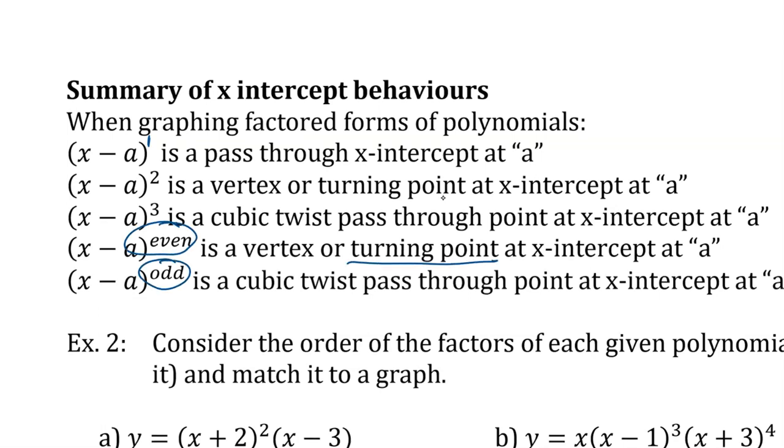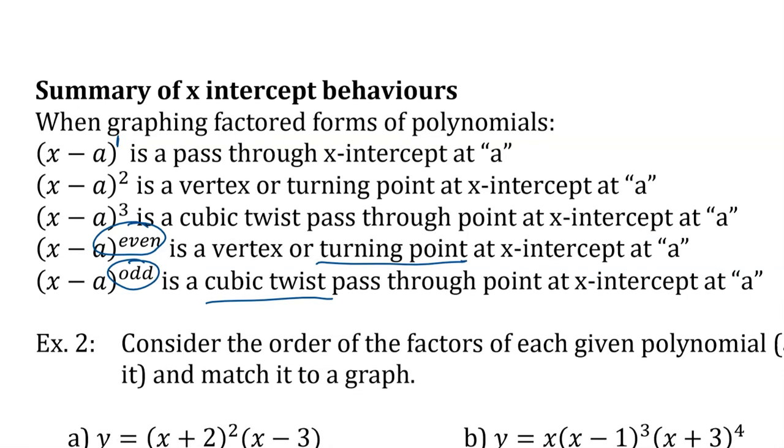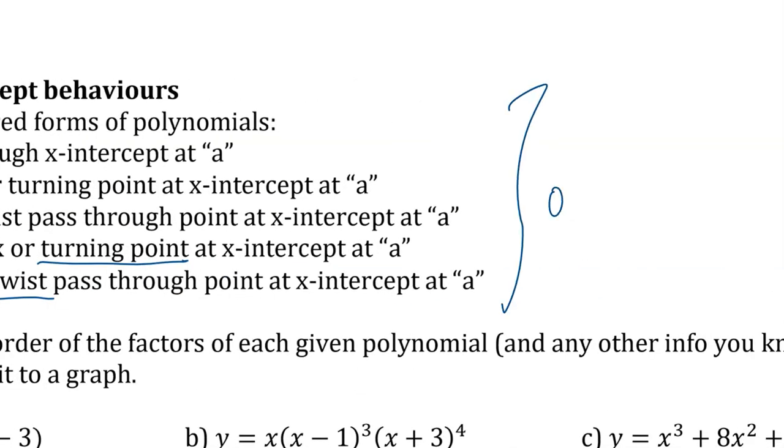If it's odd, we still call it a cubic twist. Because we'll see a little bit of degree 4, 5, probably not beyond that, but you could. It would be the same kind of idea. Okay, so that's called the order. I'm going to write that down.